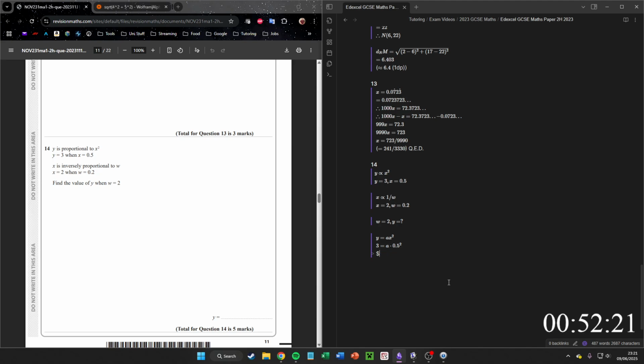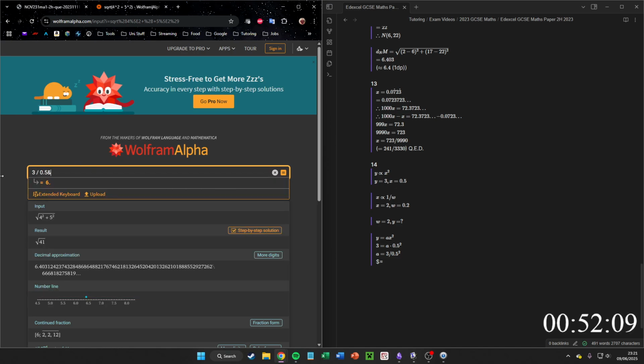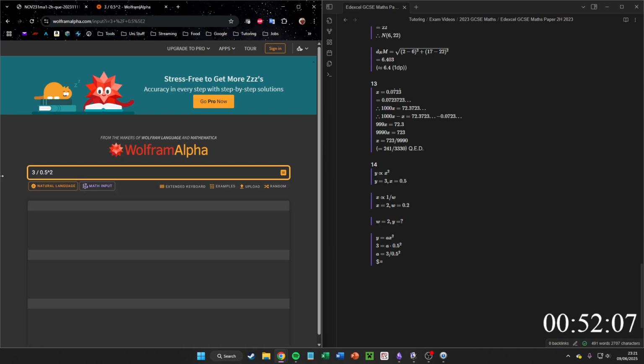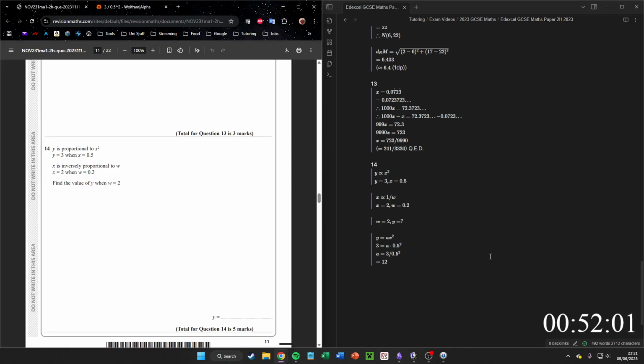A equals, can divide by 0.5 squared on both sides, 3 divided by 0.5 squared. I could do this in a scientific calculator, so no problem doing it here. Constant of proportionality of 12. Just to show the implications of that, y equals 12x squared.